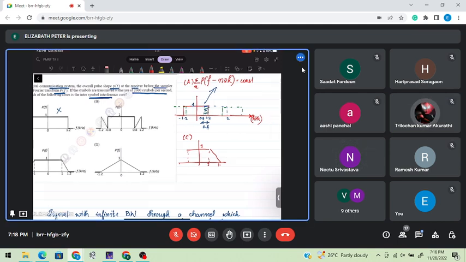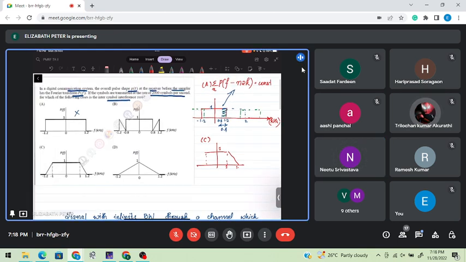See, I am explaining option A. When you shift this P of f by 2, so consider P of f minus 2k, this edge will come at point 0.8, and this edge will go to 3.2.